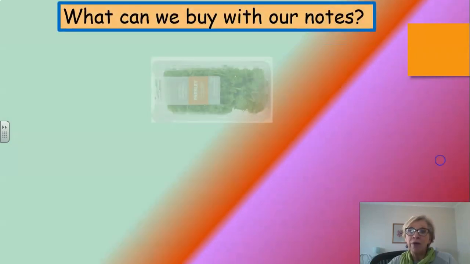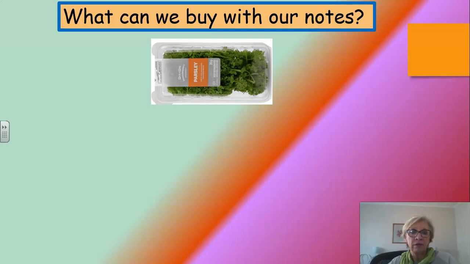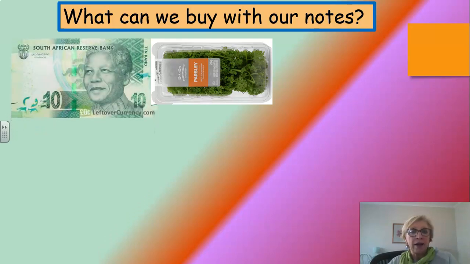What can we buy with our notes now, grade 3? Well, there's a little punnet of parsley, is what Mom and Dad use to flavour our cooking. And that will cost you about 10 rand. So you'll use a 10 rand note, more or less, maybe a couple of 1 or 2 rand coins added in, but on average about 10 rand.